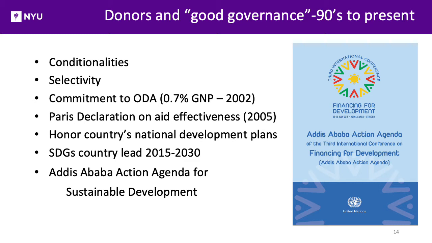It also brought us the Paris Declaration on Aid Effectiveness, honoring a country's national development plans, and the SDGs, which were, of course, country led, which replaced the Millennium Development Goals, which were more top down, whereas the SDGs were seen to be more bottom up in many ways. And that's the Addis Ababa Action Agenda for Sustainable Development.